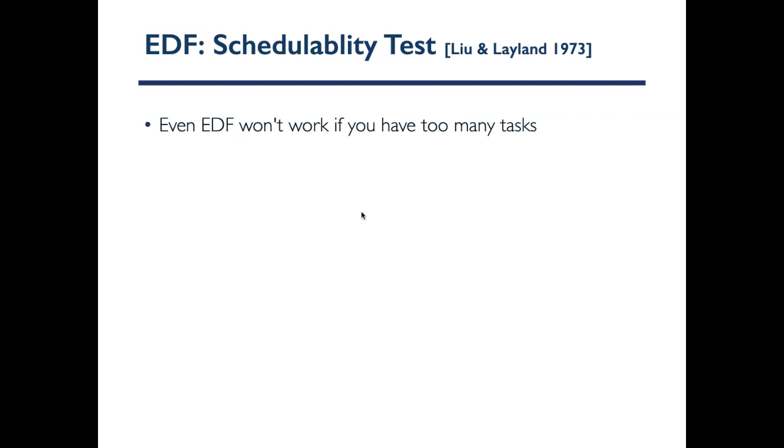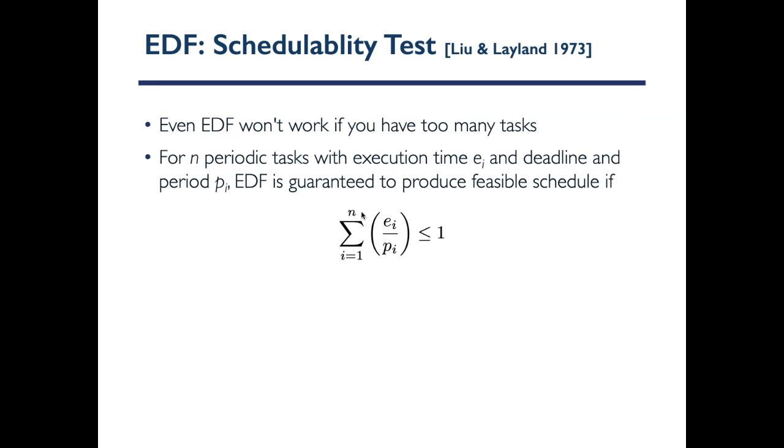Now, what is the schedulability test for EDF? For EDF, all you need is that the utilization of your tasks is less than or equal to 1. The way to look at this equation is very important to understand.